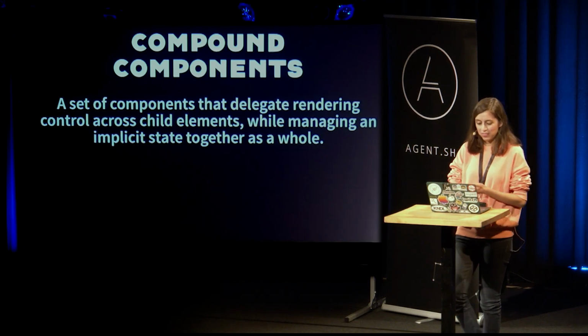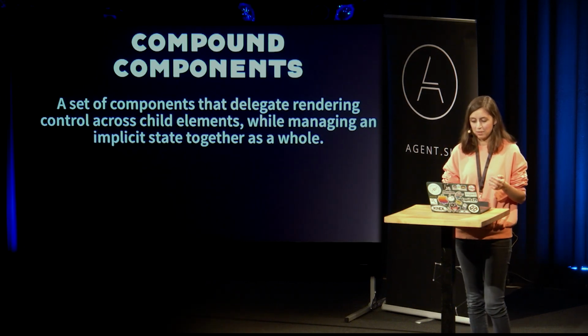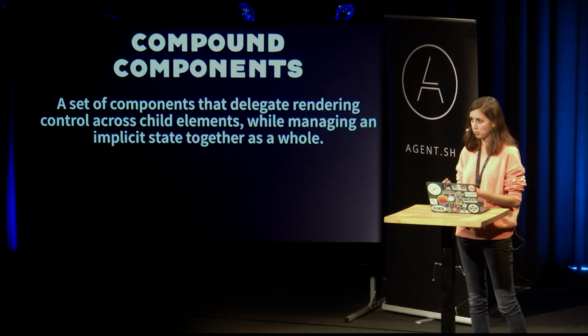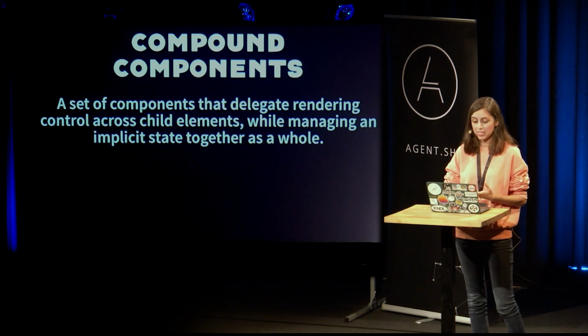So this is to introduce a concept that I think is a really key part of building a reusable UI library, and what I really want to talk about today, and that's compound components.